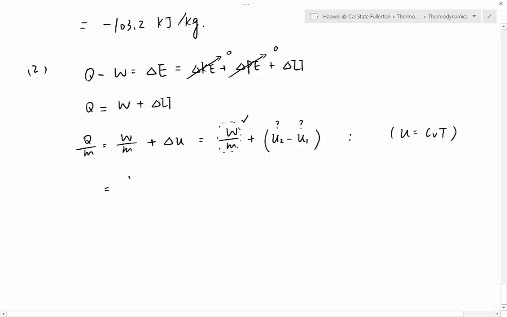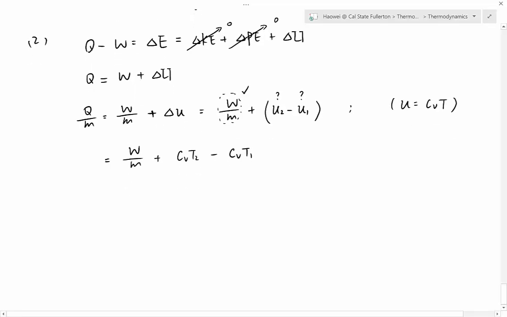So let's continue. W over M plus u2 will be rewritten to Cv times T2. u1 will be rewritten to Cv times T1. There's no need to give Cv a subscript because Cv, like the problem said, is a constant, so it doesn't change.